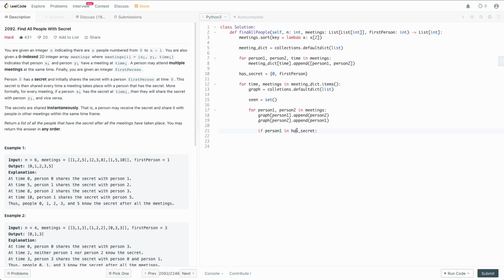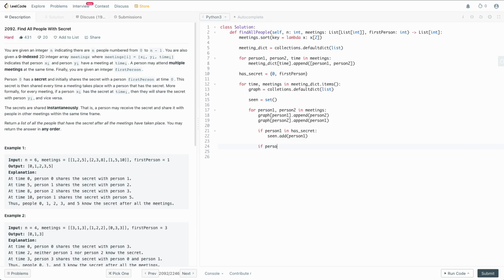If the person has the secret, then we need to start our BFS from them because those are the starting points. And basically, we want to start with people who have the secret and then try to reach all the other people that we can at a given time to figure out who also receives the secret. Apologies for that little miswording there. So we're going to say seen.add person 1 to indicate that this is one of the people who has the secret, and we need to kick off our BFS from there.